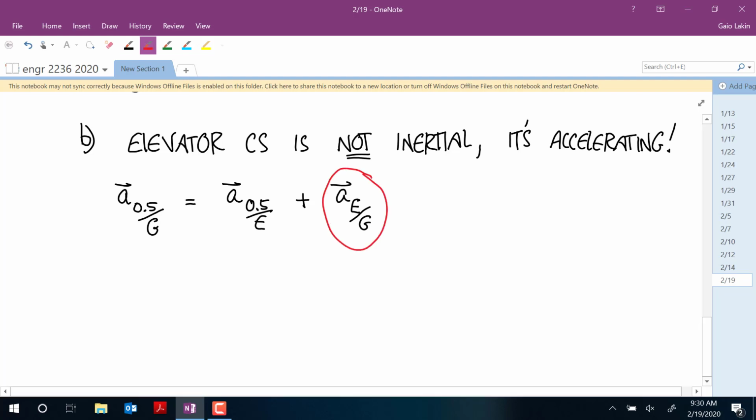The acceleration of the elevator relative to the ground is just 0, positive 2. Okay. And this is what we're going to have to use in Newton's second law.